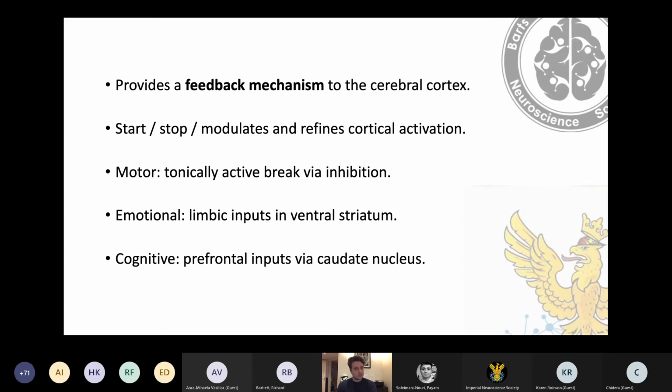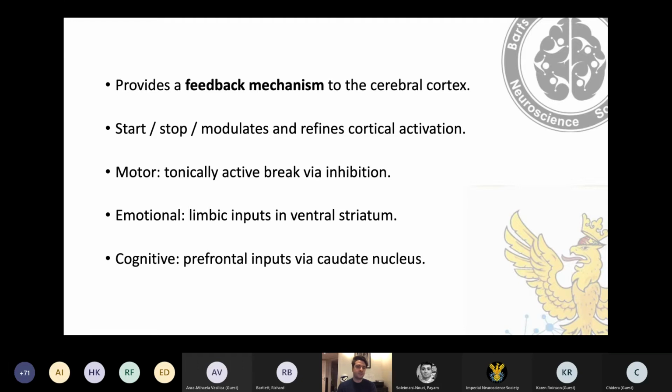It can mean a rapid stop, so a quick change in motor. And it can be modulating, i.e. do I need a large motor output, or a small one, does it need to be a strong movement or not such a strong movement? So it's basically a tonically active brake, and its main strength is inhibition. Its inhibitory effect is through the thalamus, which we'll get to.